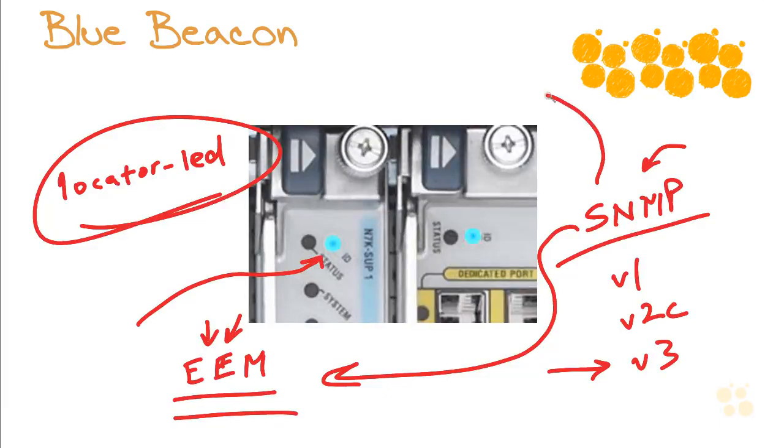Another tool that we have at our disposal at the CLI that's based on SNMP is remote monitoring. So we can do full, that's RMON, by the way, we can do full RMON capabilities inside the Nexus environment as well.